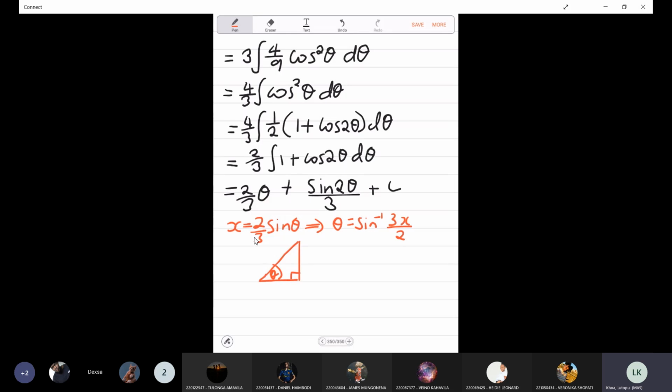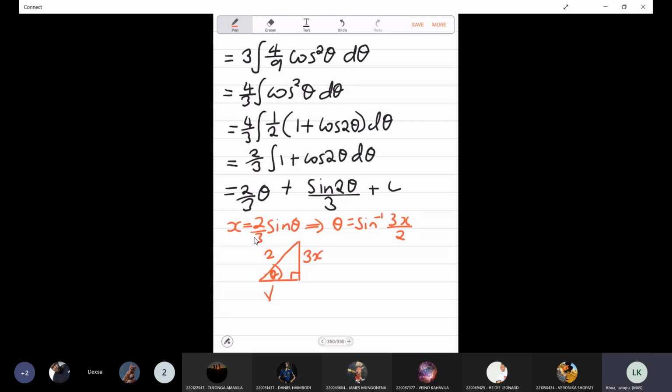Either one is fine. So we have 3x here. That's our opposite. And the adjacent is 2.